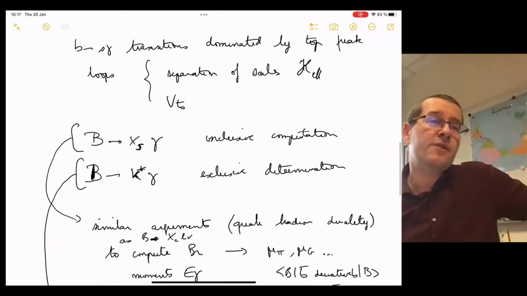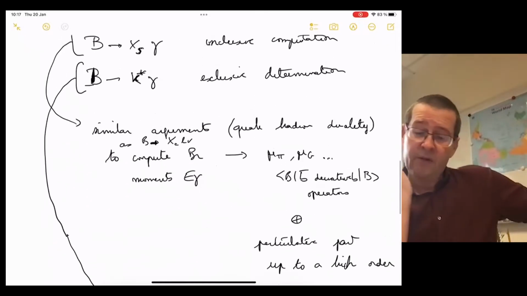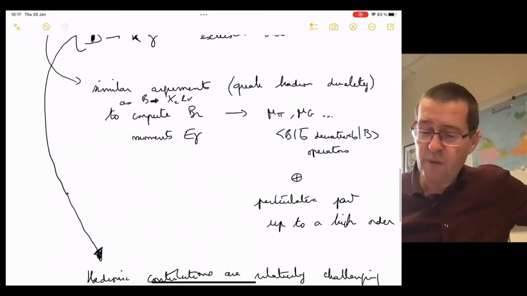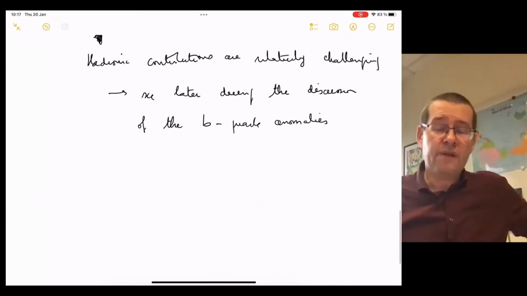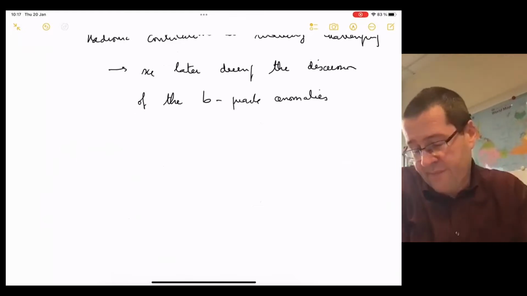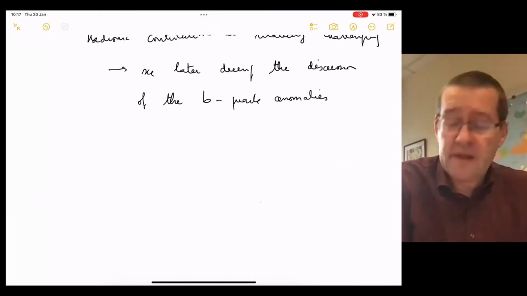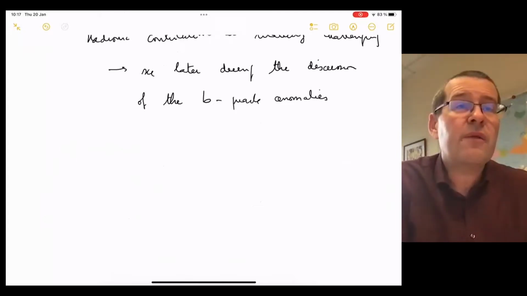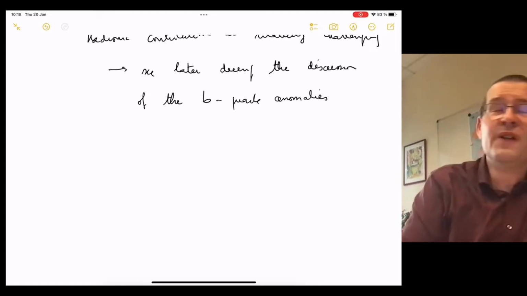The problem that we will discuss for the evaluation of B to S LL, concerning various contributions, will also be present for B to K star gamma. Some idea of this was already discussed when I discussed the effective Hamiltonian. You remember I said that not all the time you could contract everything to a point.